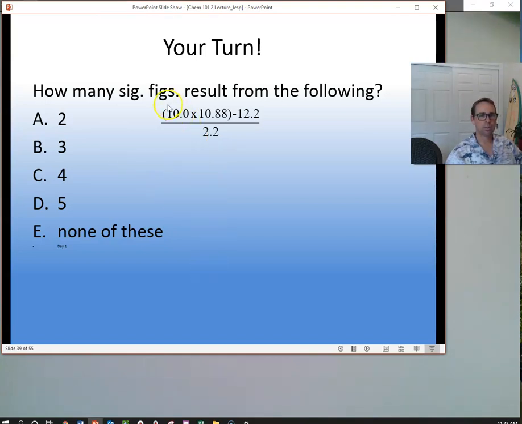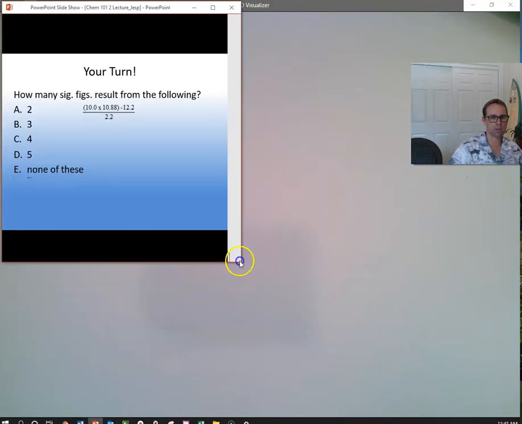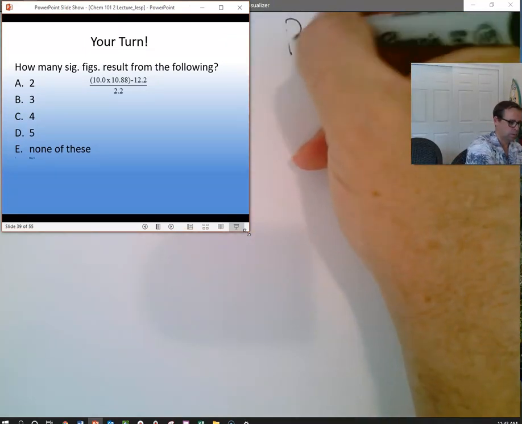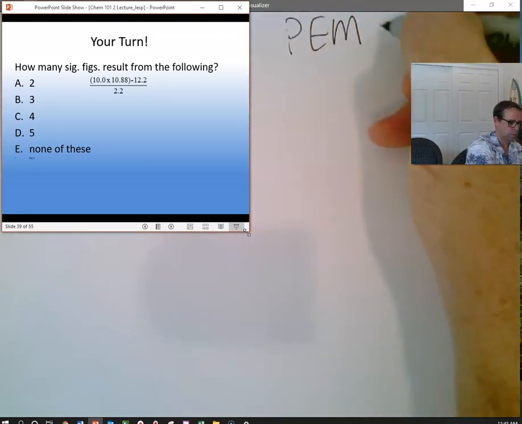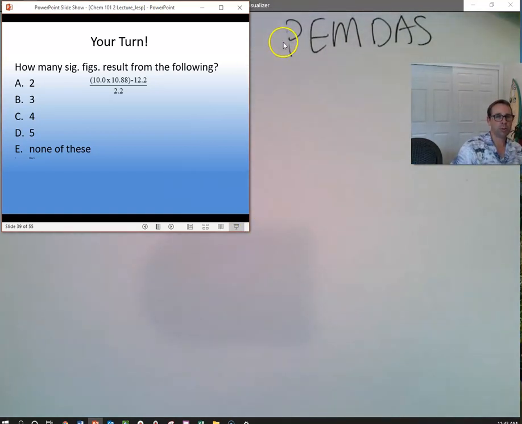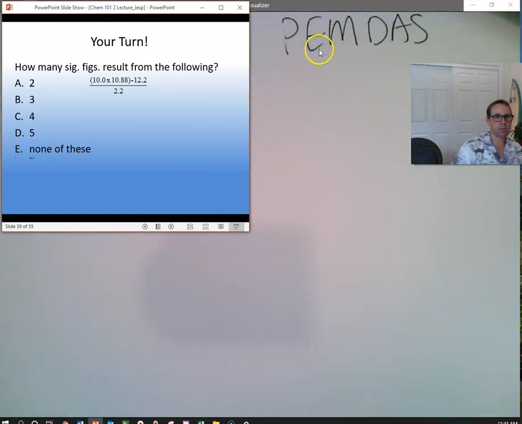So I'm going to write down the acronym for us. First you do parentheses, then you do exponents, then you do multiplication, then division, then addition, and then subtraction.